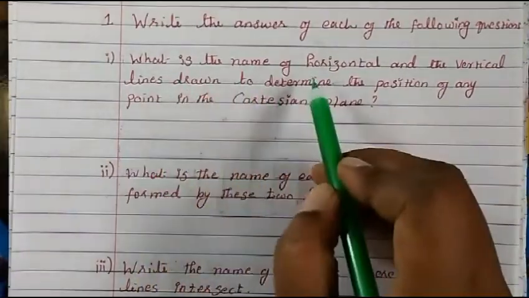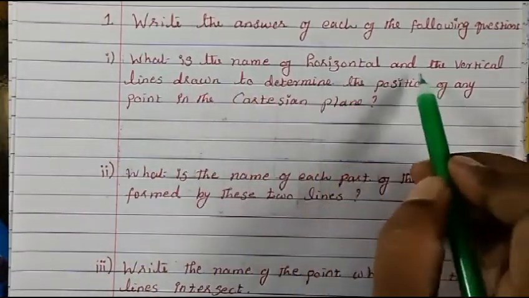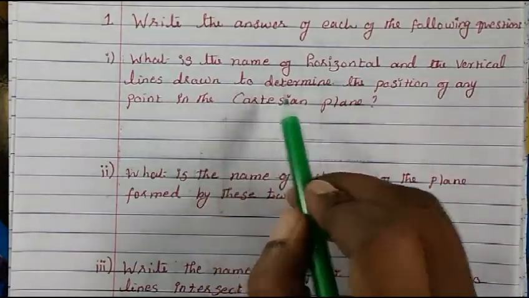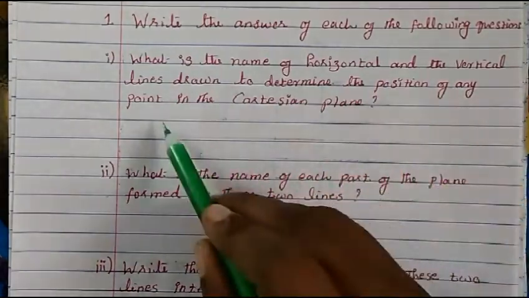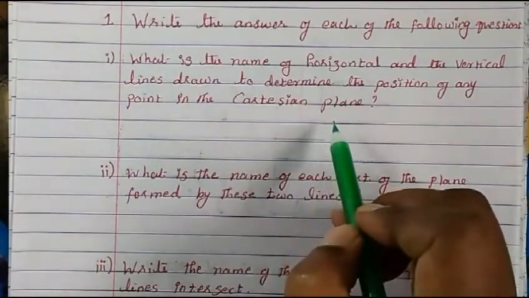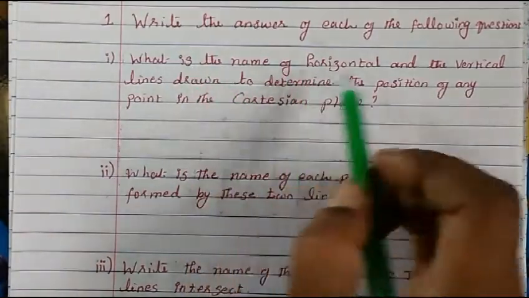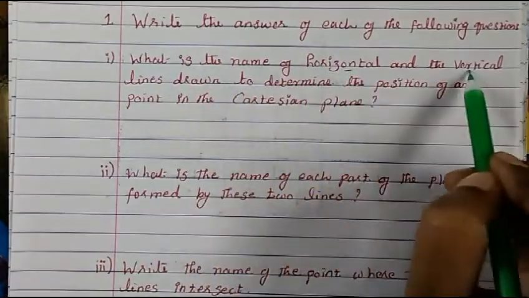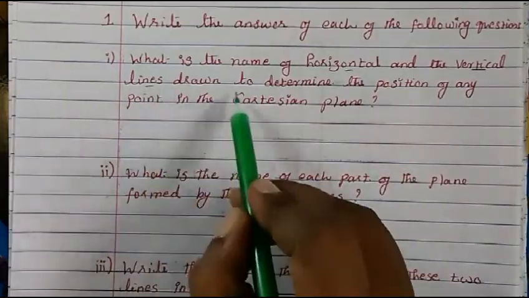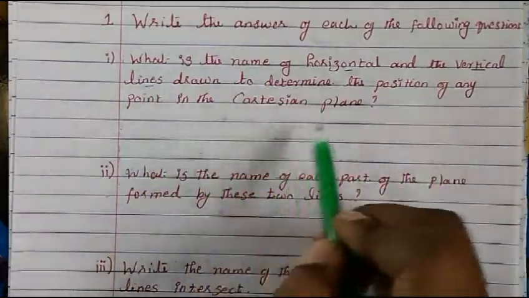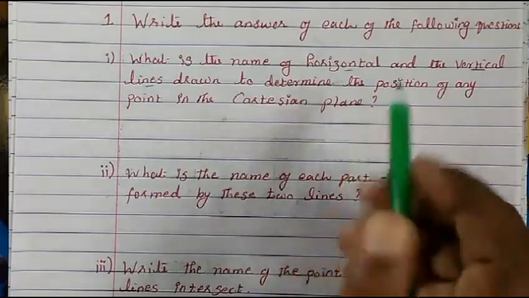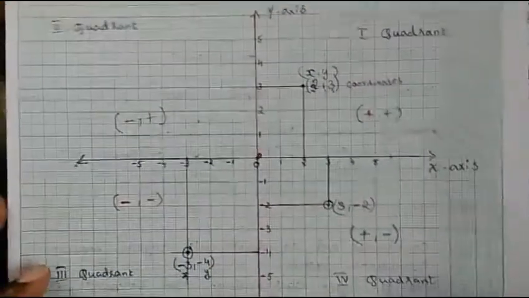what is the name of horizontal and the vertical lines drawn to determine the position of any point in the Cartesian plane? In the introduction part, I have already explained to you.